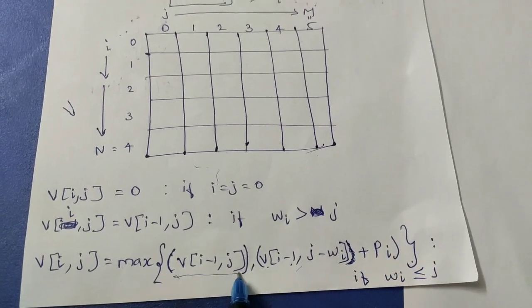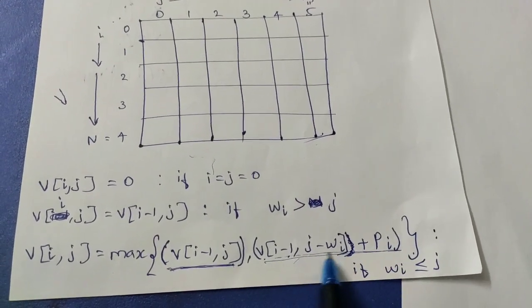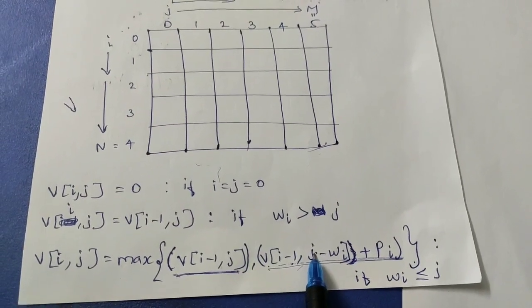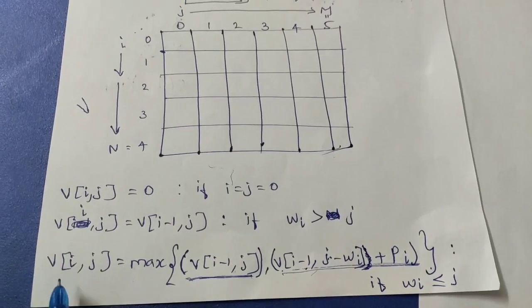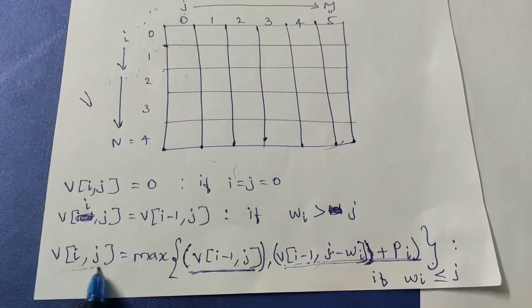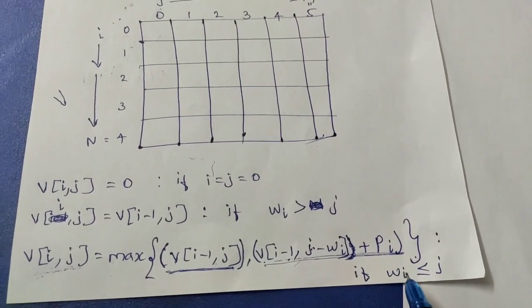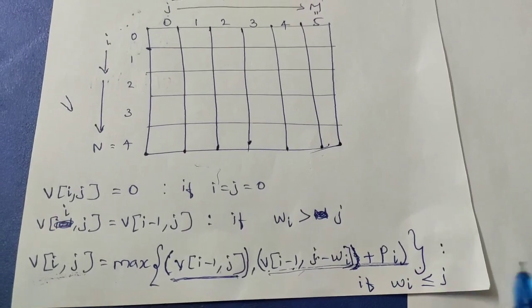You need to calculate these two values, and whichever gives you the maximum value will be considered as the value of this particular location. This should be used if weight of the item is less than or equal to the current knapsack capacity.